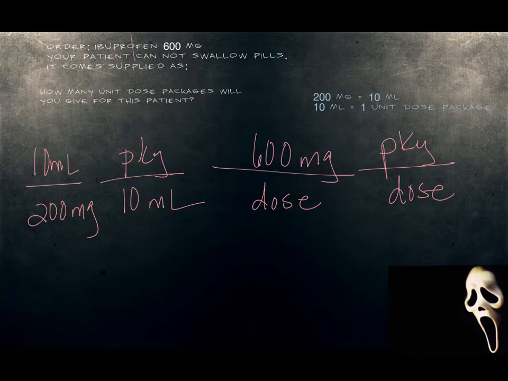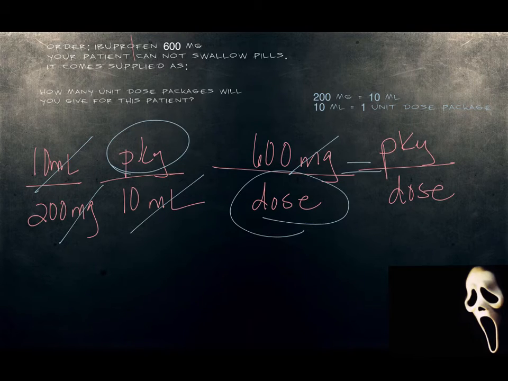But some of you aren't comfortable with fractions, so we're going to do it the long way, multiply across. First, make sure we set it up right. Milliliters cancels with milliliters. Milligrams cancels with milligrams. We are left with package per dose, which is what's in our answer. We know we set it up right. Go ahead and multiply it across.